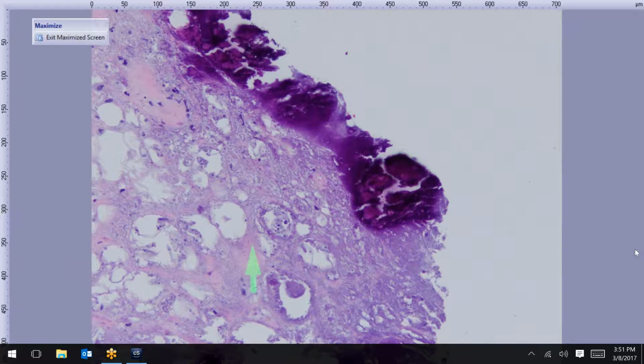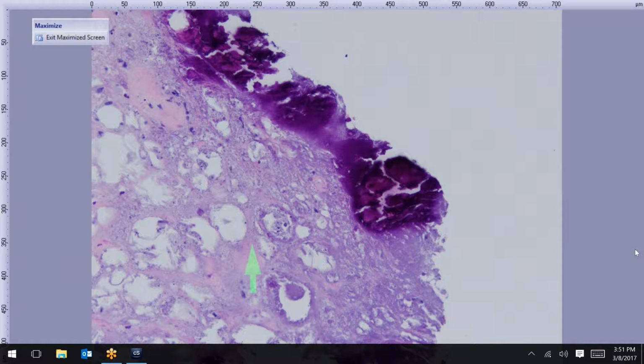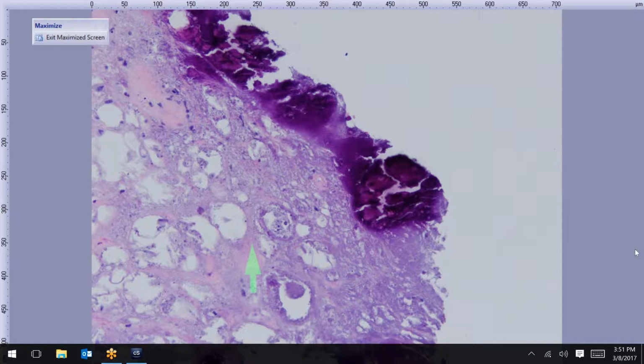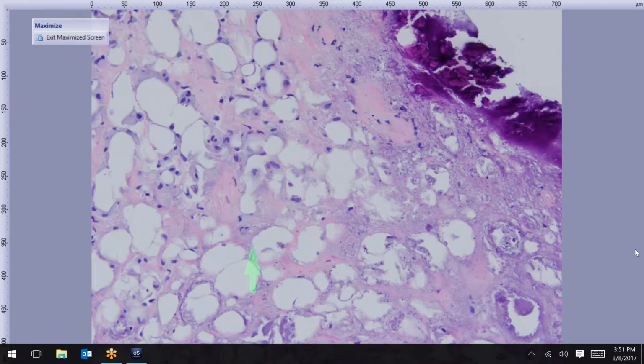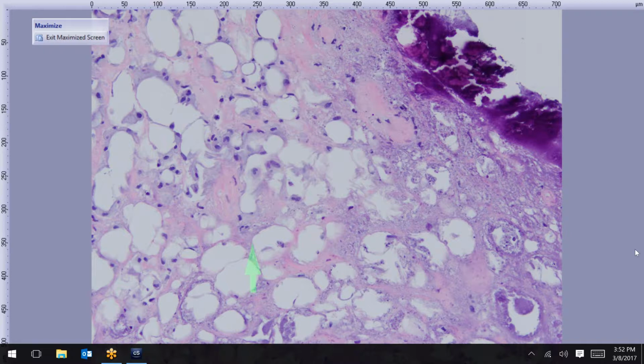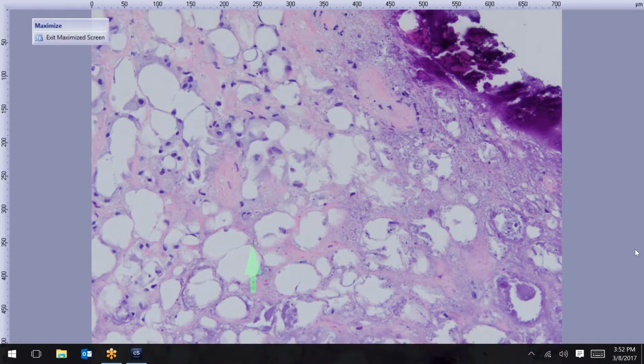And we have a sort of textbook term for this. I wonder if anyone knows what that is. That's exactly right. So these are ghost cells.